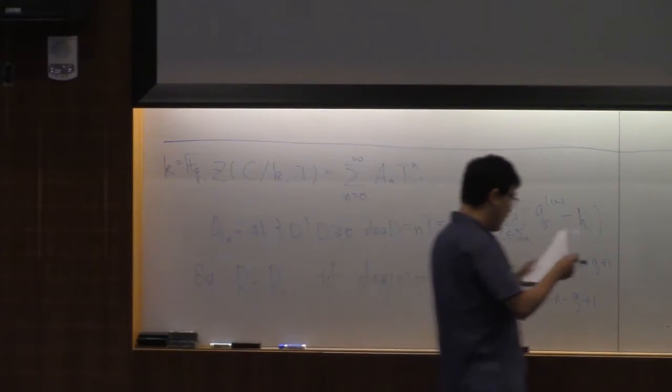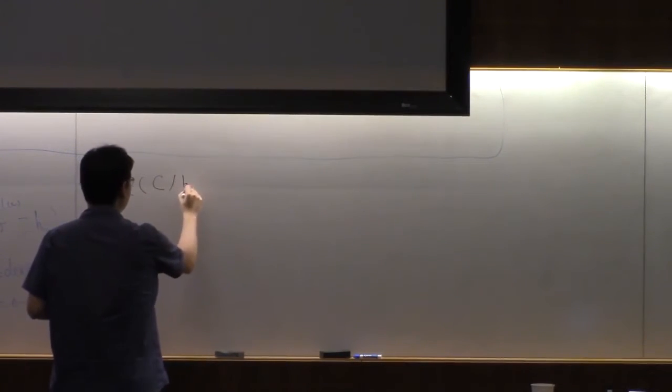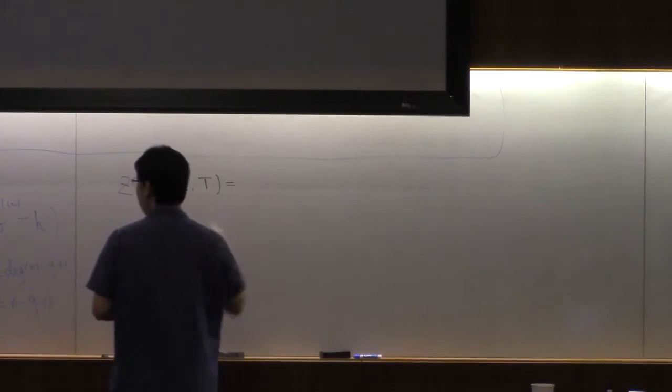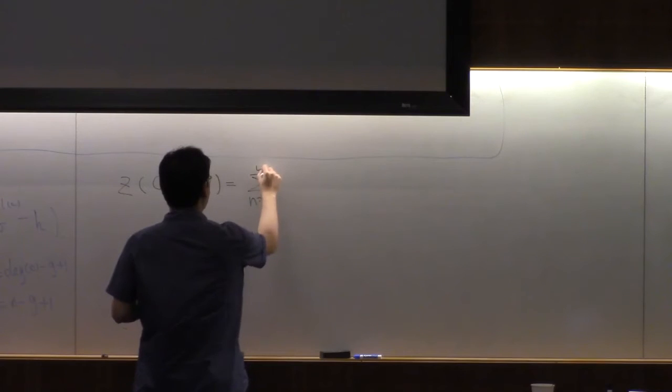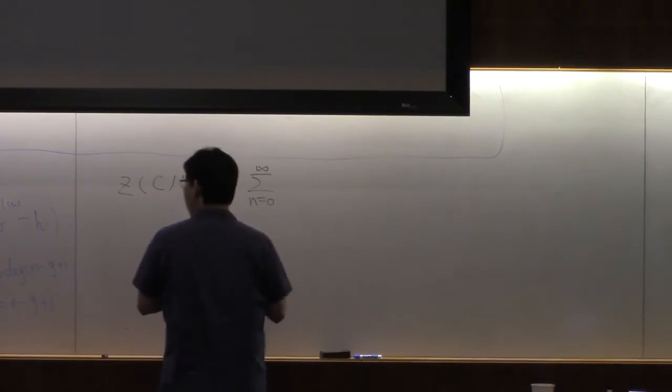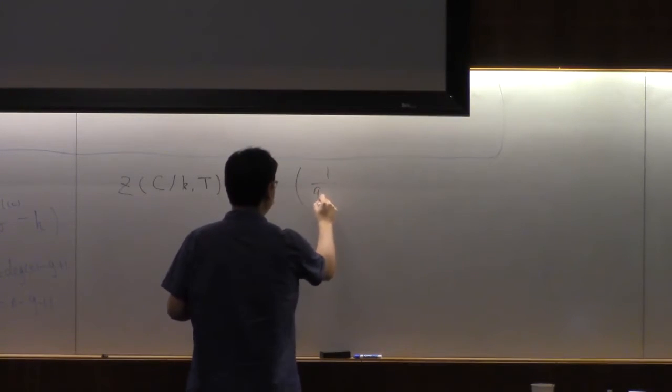So now we want to compute the zeta function. We know that this is the sum from 0 to infinity of a_n t^n. What is a_n? a_n is this number.